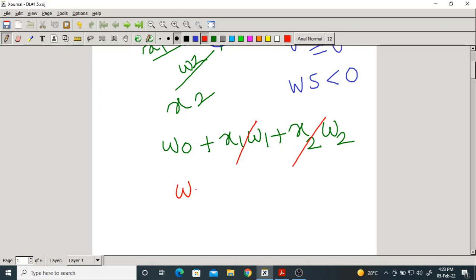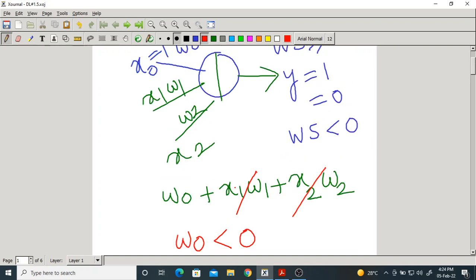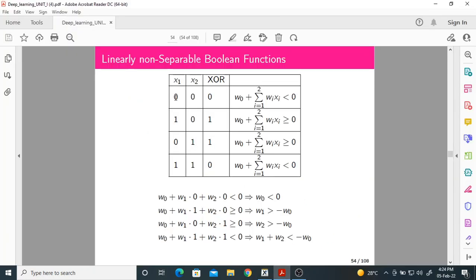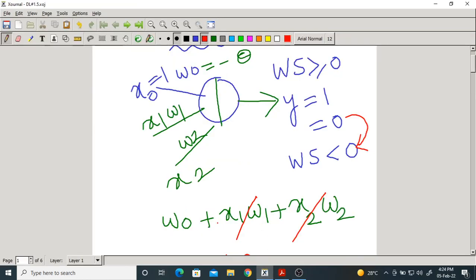So when both inputs are 0, the weighted sum should be less than 0, because when the output is 0, the weighted sum should be less than 0. In the first row the inputs are 0, so the weighted sum is W0, but it should be less than 0 because the output is 0.